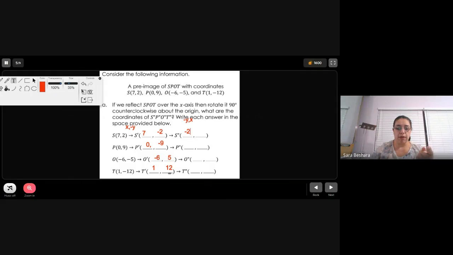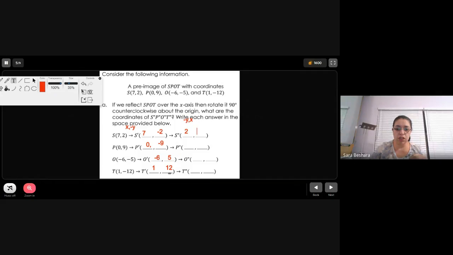Change the sign first, then flip the coordinates. So the -2 will become +2, and then I flip them. So I get 2 and 7.